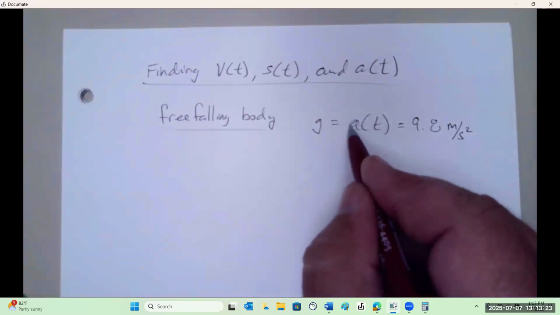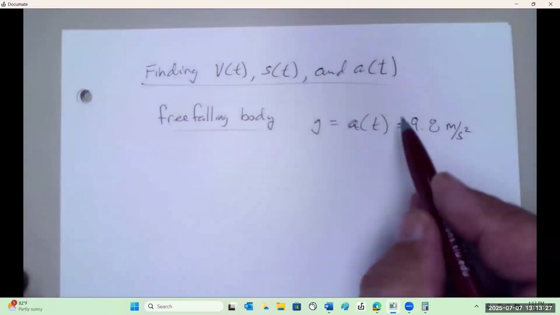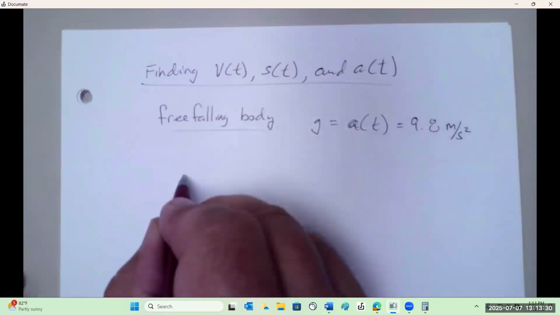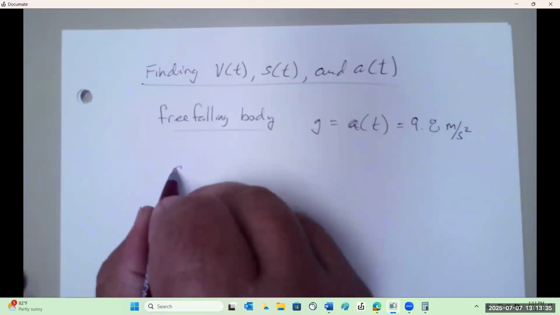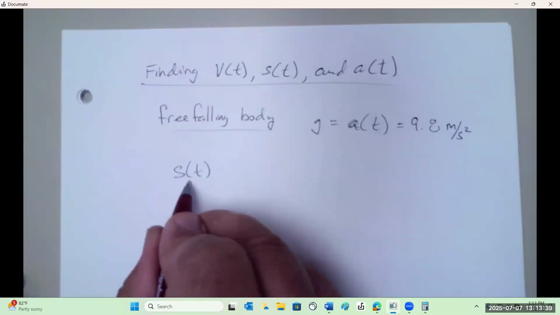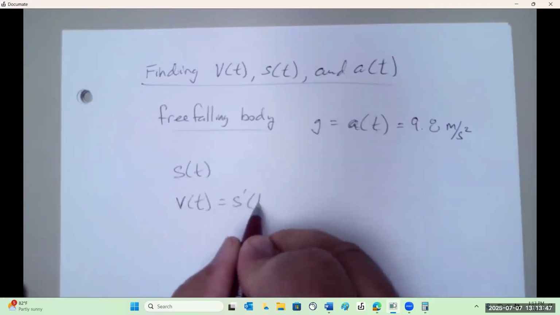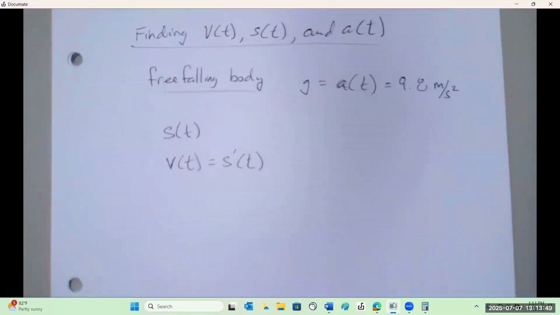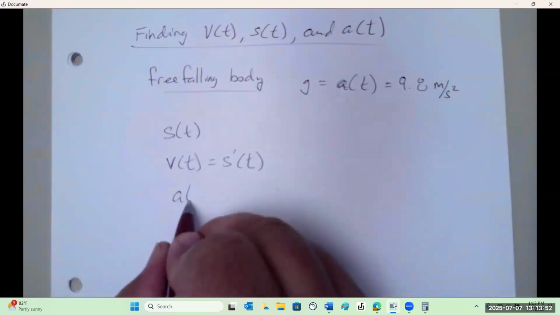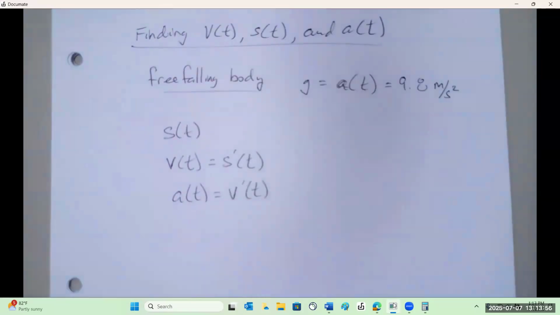All right, so from acceleration, we started off with the position function. When we take the derivative of the position function, what do we get? We get velocity. To get acceleration, we take the first derivative of velocity.